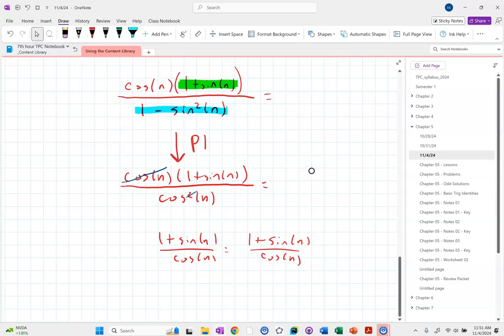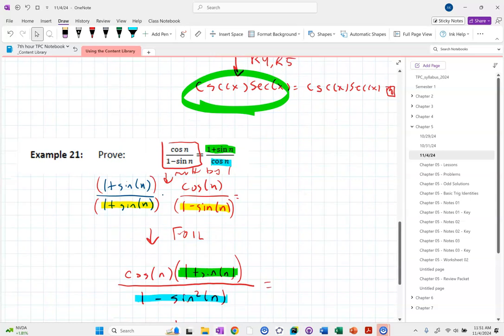Now, just to point out to you guys, if in the beginning, instead of multiplying by 1 plus sine over 1 plus sine, I could have multiplied by cosine over cosine and still gotten to the same spot, but instead of having to FOIL things out, I would have had to factor, but also totally doable.